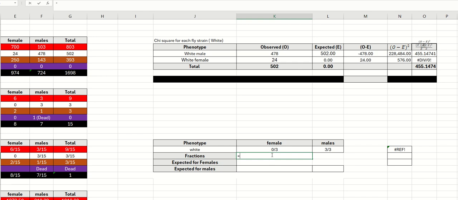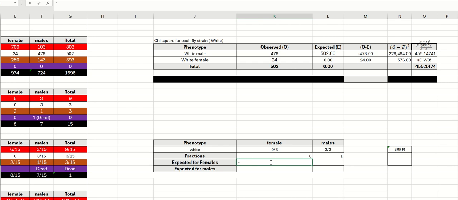Here is the first problem, 0 divided by 3, where we have no problem. The problem is when we have 3 divided by 0. Here is 3 divided by 3, 1.